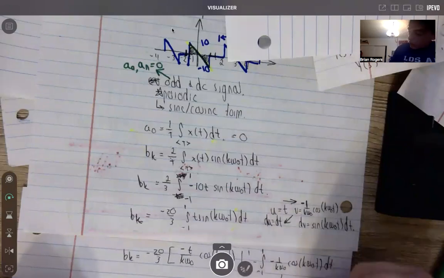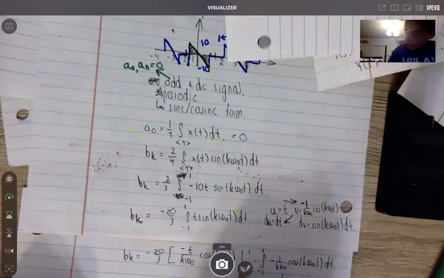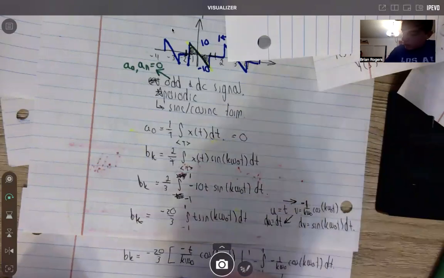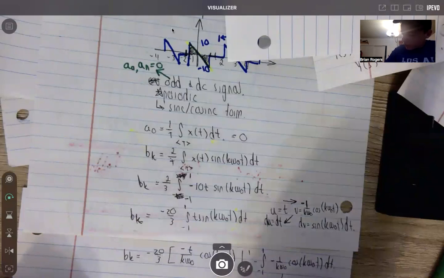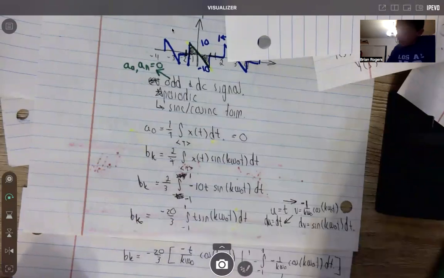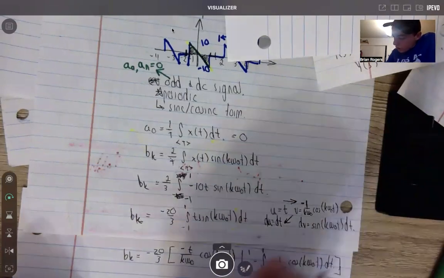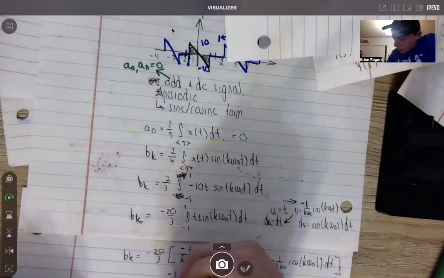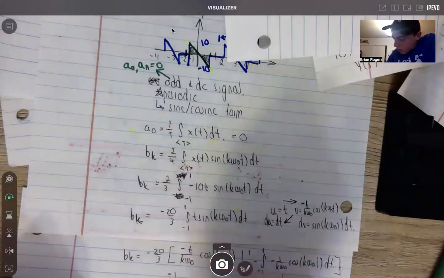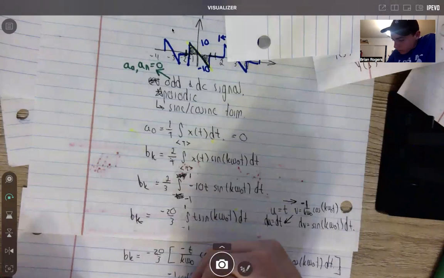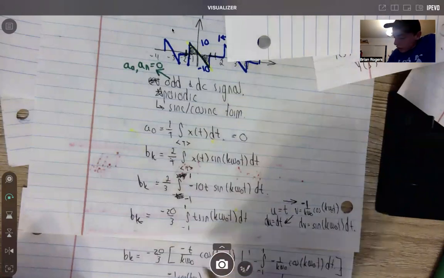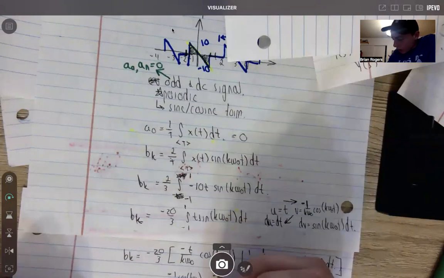And then this term, if you evaluate it at 1 and negative 1, you're going to get negative 1 over k omega naught cosine of k omega naught, minus negative 1 over k omega naught cosine of negative k omega naught.